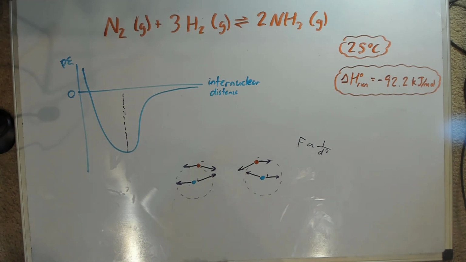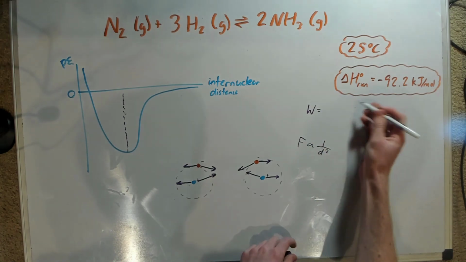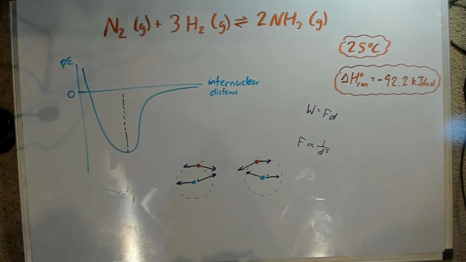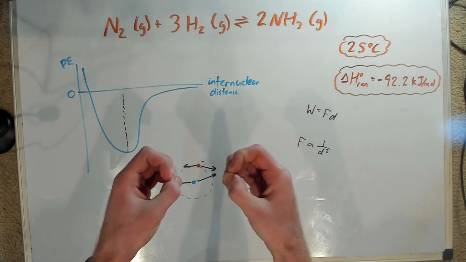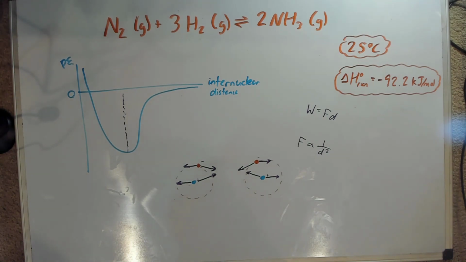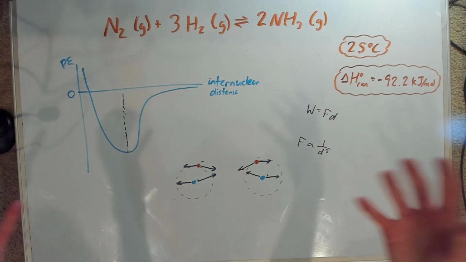So that means that since work is force over distance, that's another thing that you get taught in physics. Since the amount of work done on a system is the force over a set distance, if that force makes them move a certain amount, then that force is doing all the work. Now, because that distance is decreasing, there's technically negative work going on, so therefore you have a release of energy from the system.